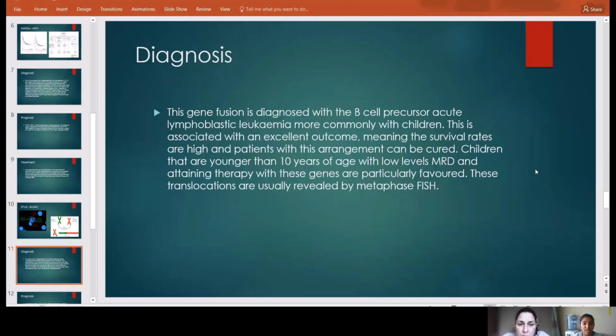This gene fusion is diagnosed with B-cell precursor acute lymphoblastic leukemia, most commonly in children. It is associated with an excellent outcome, meaning the survival rates are high and patients with this arrangement can be cured. Children younger than 10 years of age with low MRD and attaining therapy with these genes are particularly favored. These translocations are usually revealed by metaphase fluorescence in situ hybridization.